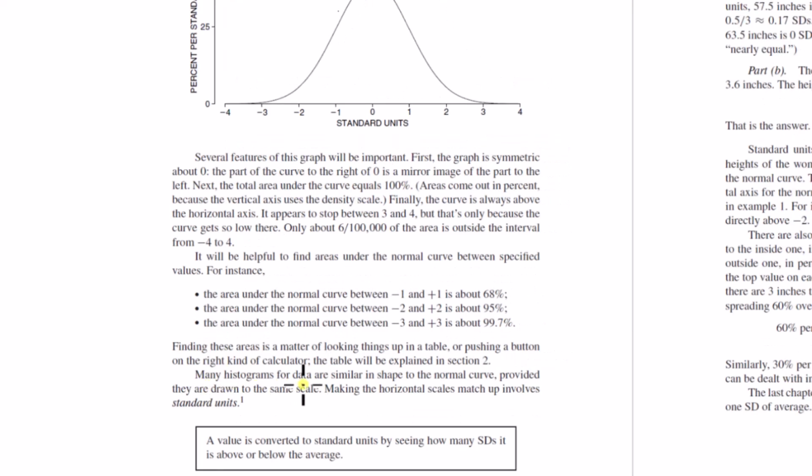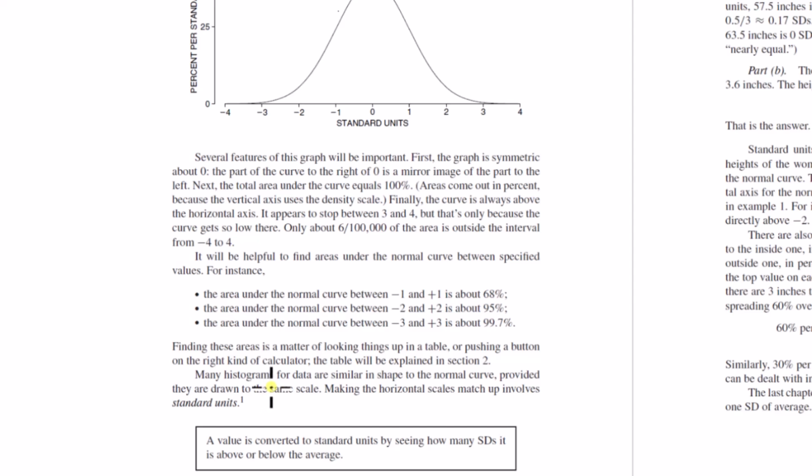Many histograms for data are similar in shape to the normal curve, provided they are drawn to the same scale. Making the horizontal scales match up involves standard units. A value is converted to standard units by seeing how many standard deviations it is above or below the average. So what they're saying here is, we created a bunch of different histograms in chapter 3.